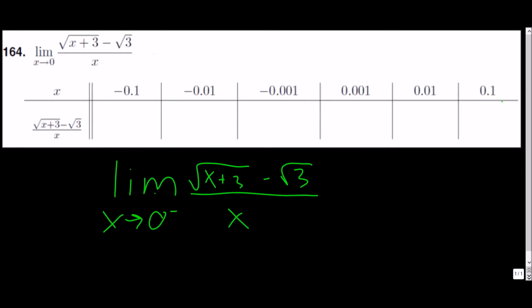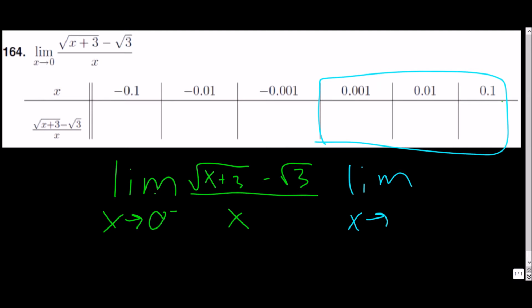And then from the other side, we have the limit as x approaches 0 from the upper side of the square root of x plus 3 minus the square root of 3, over x. So this is just the numerical look at this type of thing.